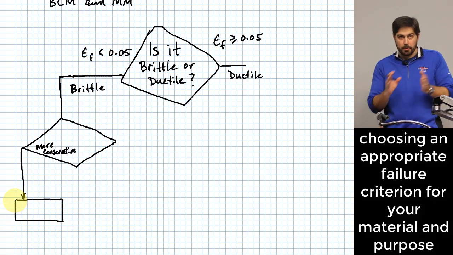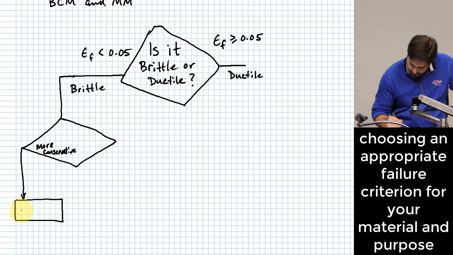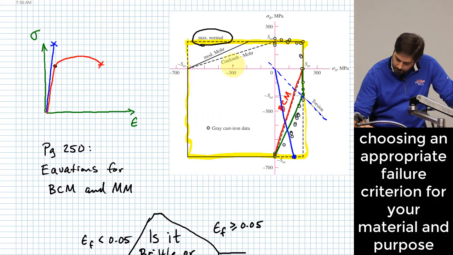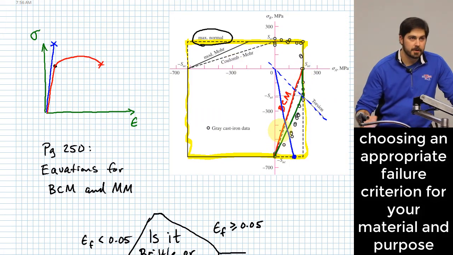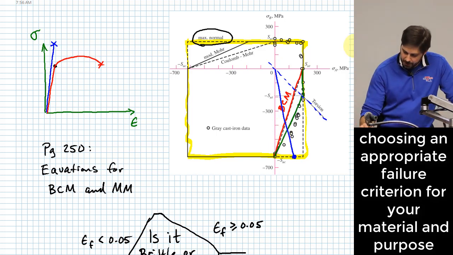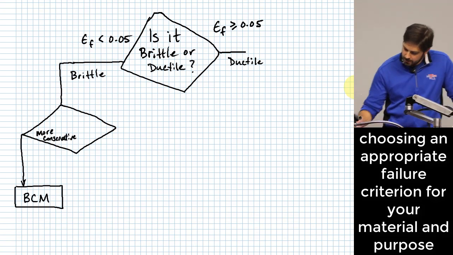Okay, right now we're on our brittle side, right? Remember BCM, if you go back up here, your Brittle Coulomb Mohr is the red curve. The red curve is more conservative, right? It's also a little bit simpler as far as the mathematical construction of it.